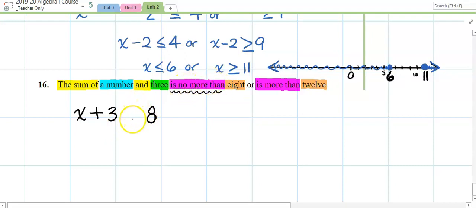Can it equal 8? Yes. Or be less than or equal to 8. Or, now I'm going to take this first part again, the sum of a number and 3 is more than 12.